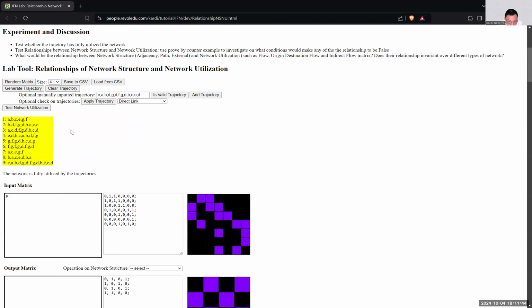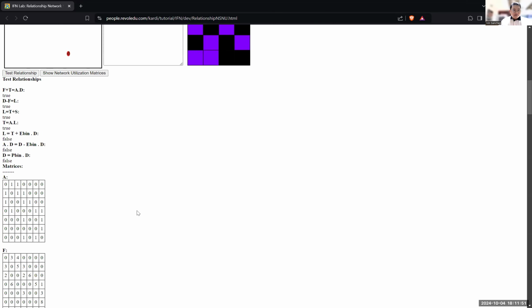But I inputted the 9 trajectories, then the 7x7 adjacency matrix, and the testing of the relationships F plus T and the Hadamard product of adjacency and order matrix is true. All are true except for the last three, which are false.